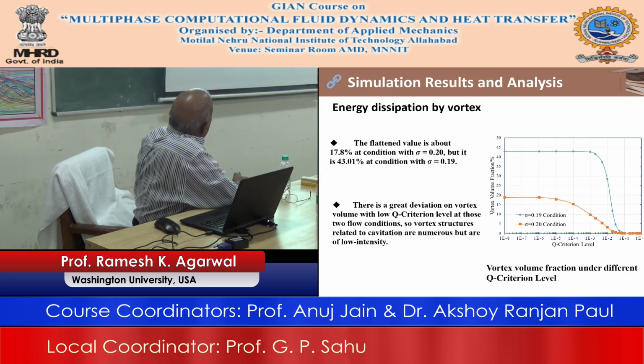So what you find is that the vortex region full of cavitation is about 43% of the whole region when sigma is 0.19, and if it is 0.20, it is only about 20% or 18%. So this is a good way to see how the cavitation is working and how to characterize it with the Q criterion.